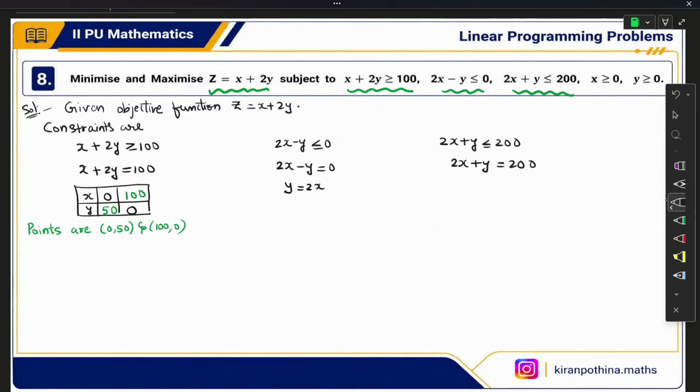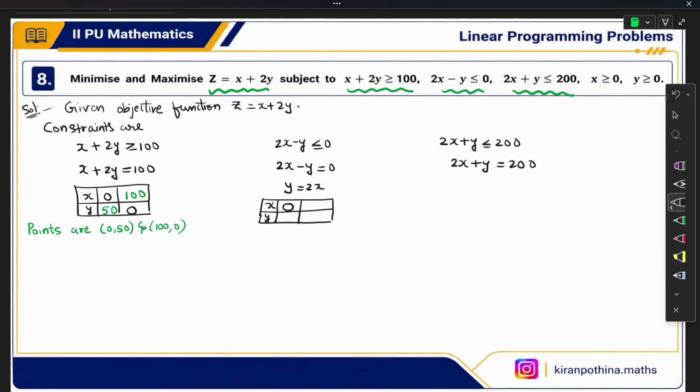Now when we come to the second line, x and y. So here, as we discussed in the first two sheets, for this type of line, whenever we don't have any constant, in that place we should not take both the x and y values as 0.